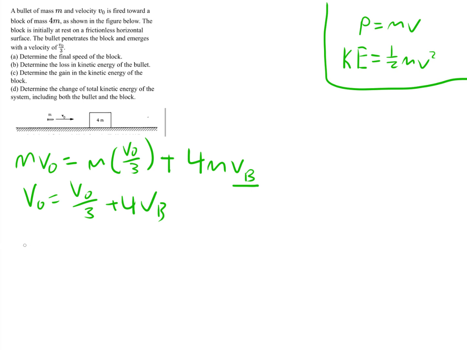If you solve it, you should get that the velocity of the block is equal to the initial velocity of the bullet divided by 6. And this answers part A. The final velocity of the block is equal to the initial velocity of the bullet divided by 6.